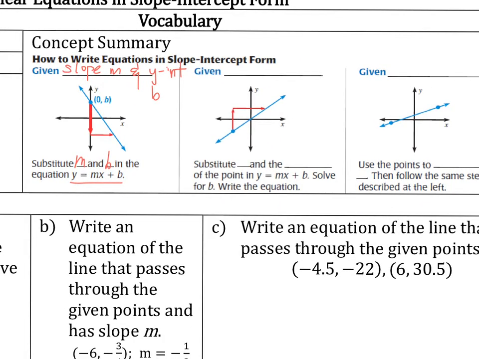When you're given the slope m and 1 point, you substitute the m and the coordinates of the point in y equals mx plus b, and you solve for b and then write the equation.